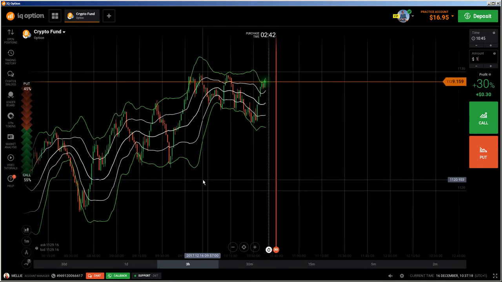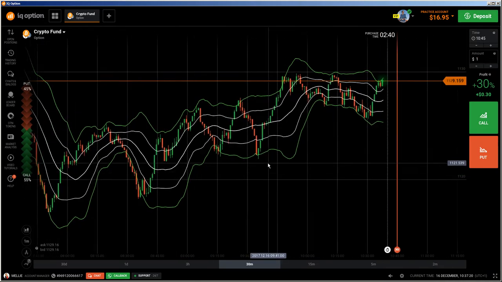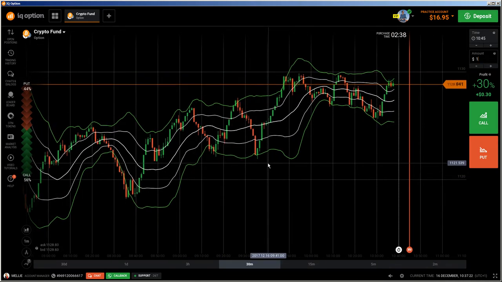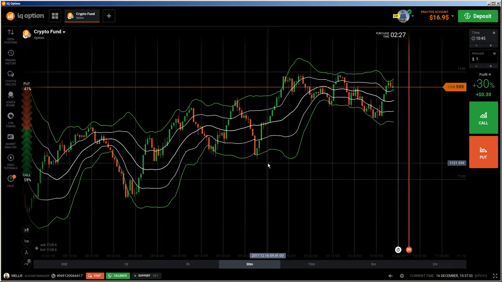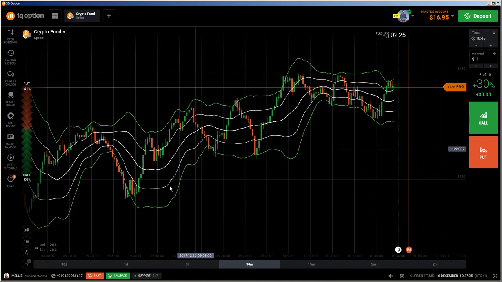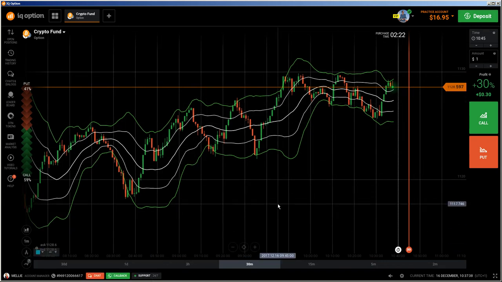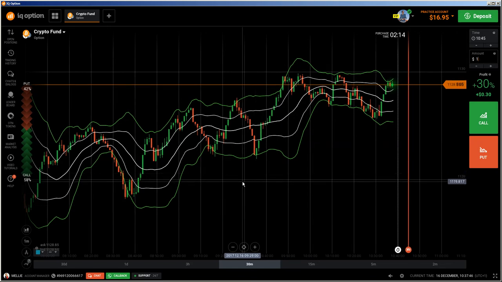But what some guys often don't know is that it is completely useless to use the Bollinger Band in combination with RSI. I don't know why some traders do this, but I can show you in a simple way that you don't need any RSI when you use the Bollinger Band, because the Bollinger Band shows you oversold and overbought areas.